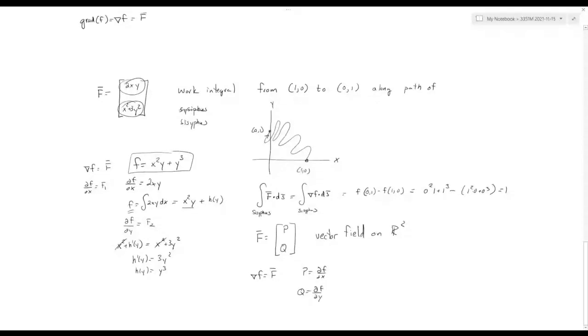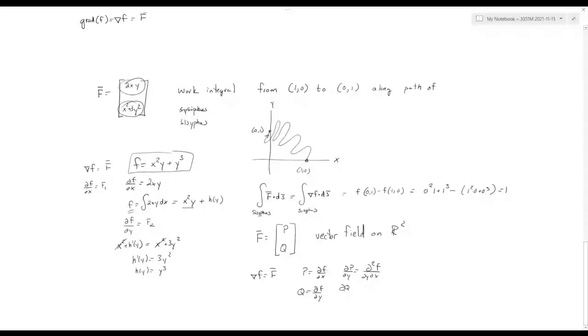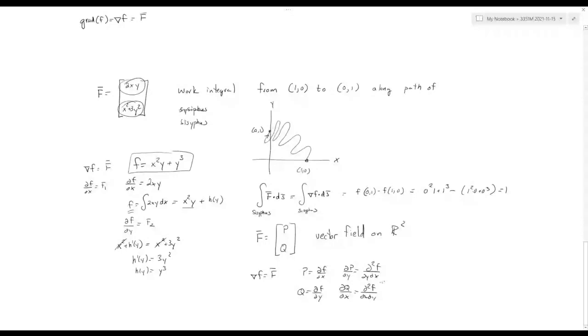Assuming our vector field is smooth, C2, then if you differentiate P with respect to y, you need to differentiate Q with respect to x. By Clairaut's theorem, these should be equal. And if they're not, then your vector field is not conservative, right? So that's a nice test.